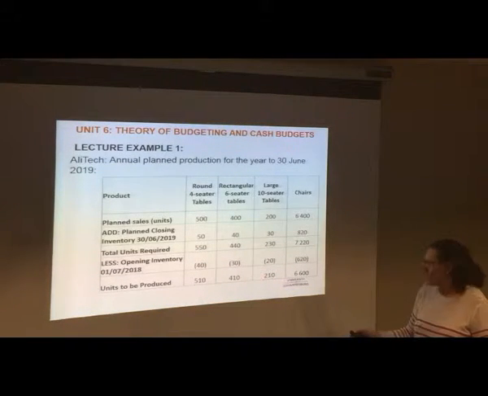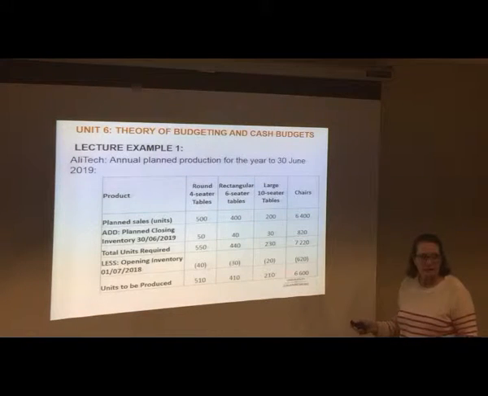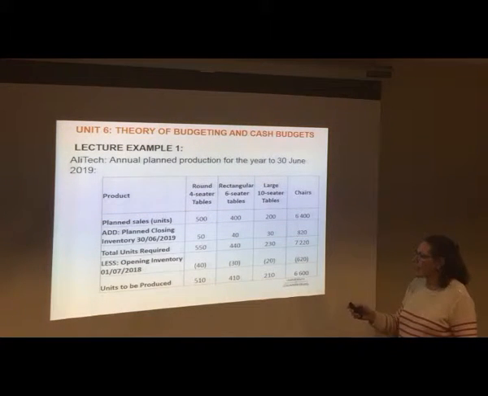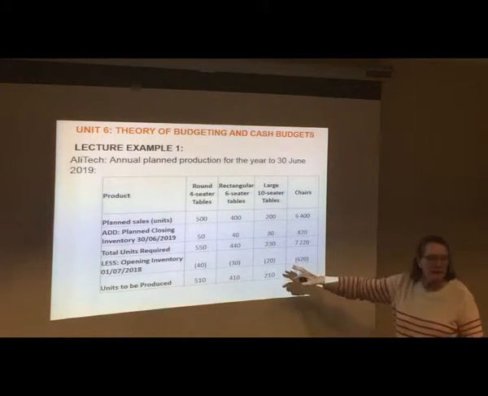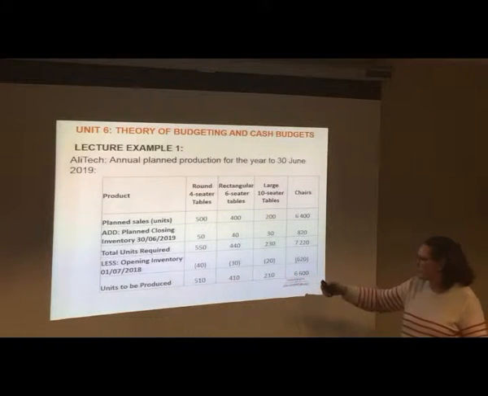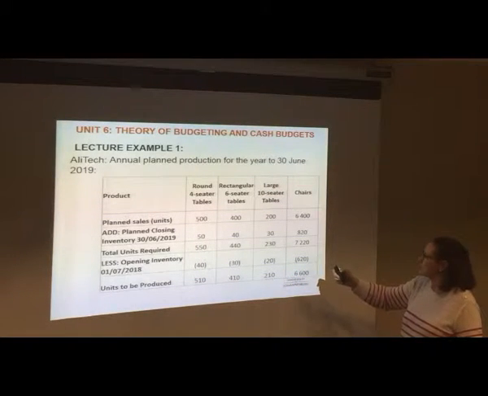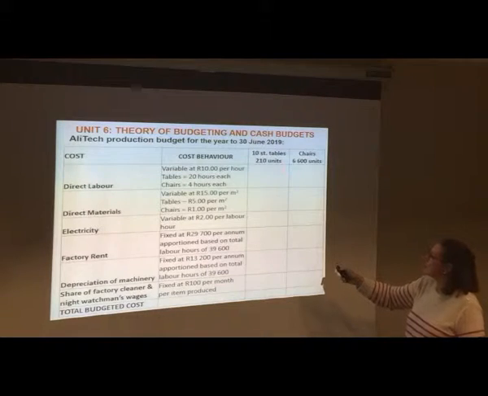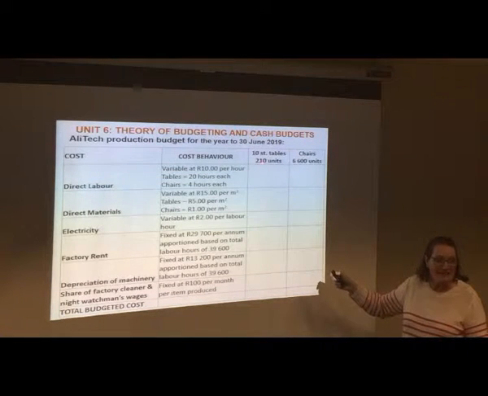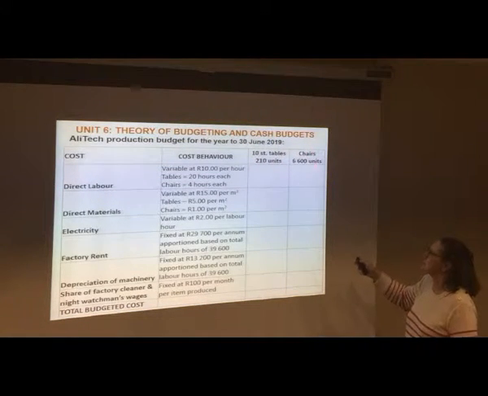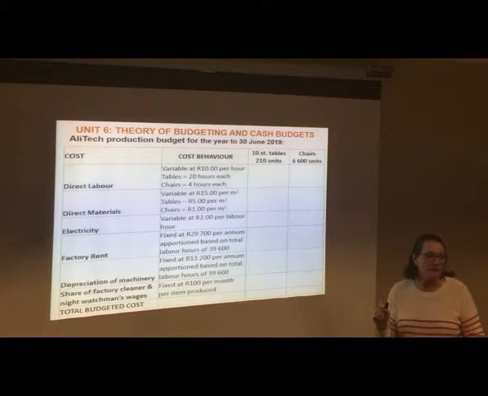Do you agree? And we need to produce 6,600 chairs. So I just need to tell you to prepare the production budget from this, okay? So you know the quantity that you need to produce for the 10-seater tables is 210, and the quantity you need to produce for chairs is 6,600.